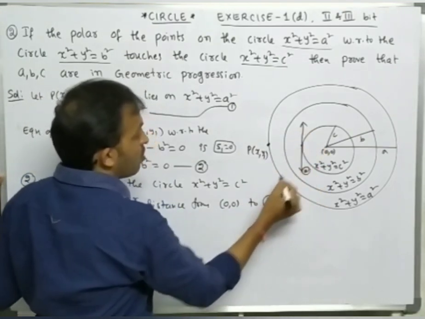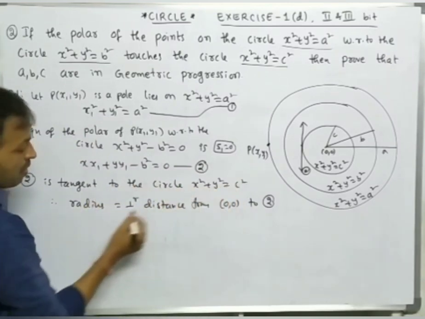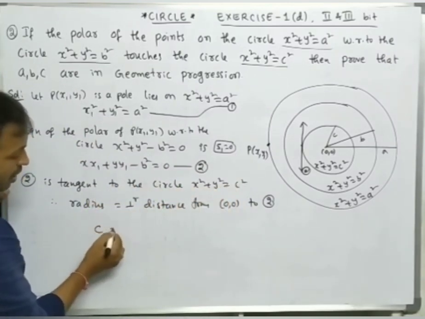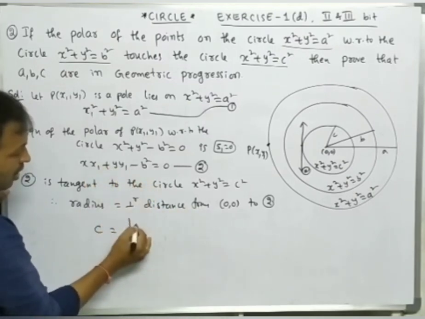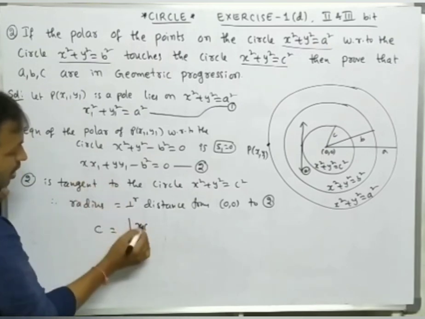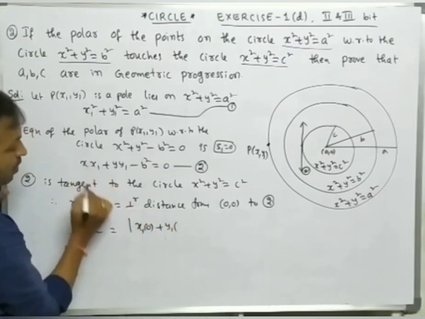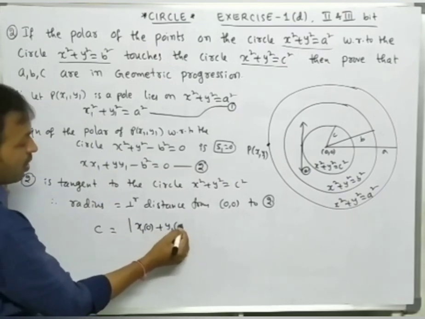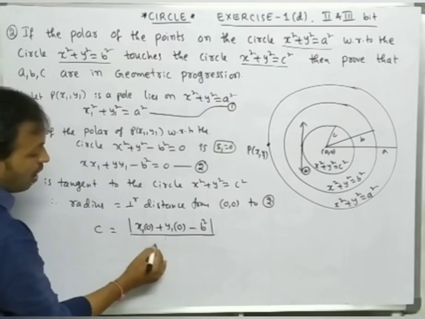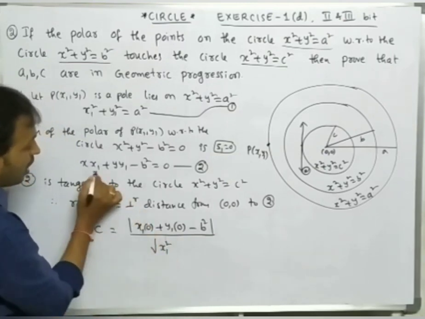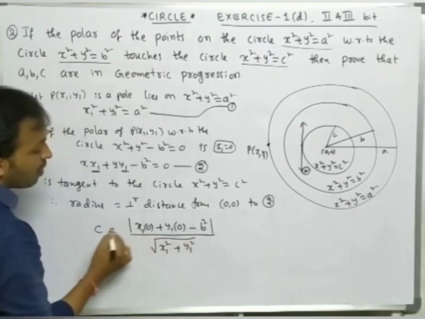This is line 2, right? Now what is the radius of the circle x square plus y square is equal to c square? It is c. The perpendicular distance from the origin to this line is x1 into 0 plus y1 into 0 minus b square, divided by the square root of the x coefficient x1 square plus the y coefficient y1 square.